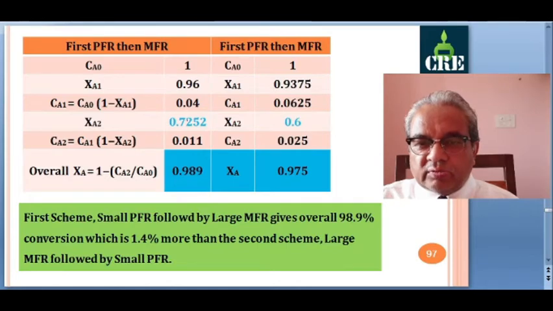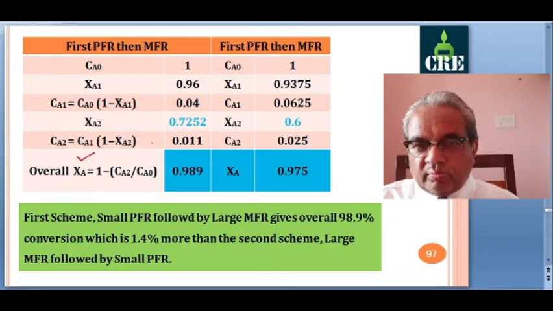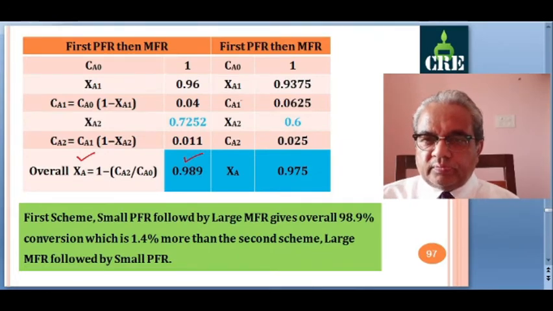So this comes out to 0.011. So overall conversion from first plug flow then mixed flow, 1 minus Ca2 by Ca0, comes out to be 0.989.